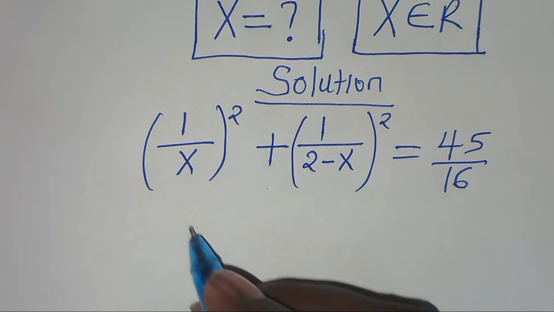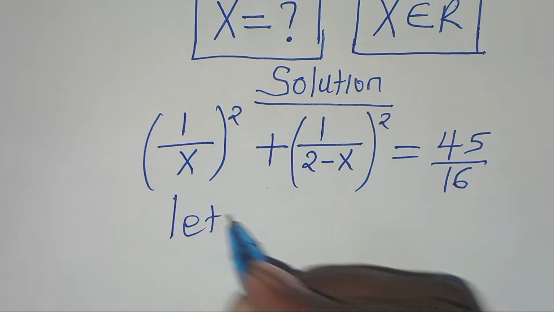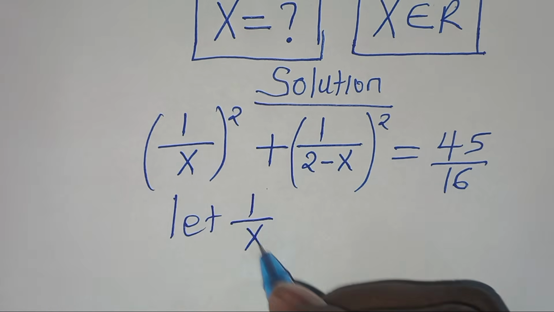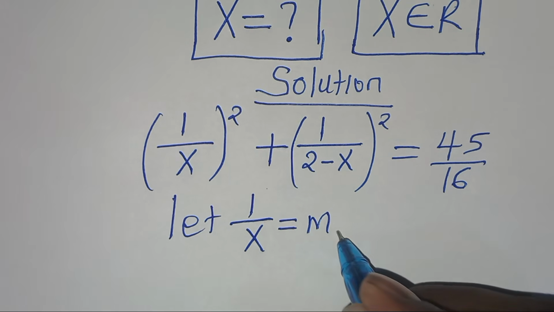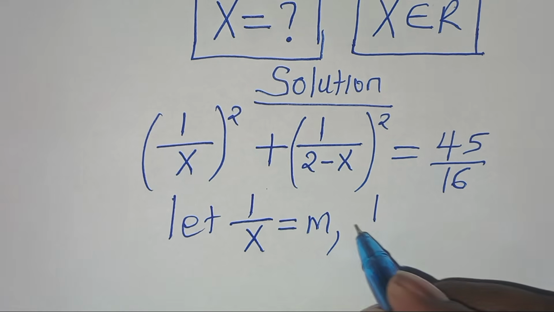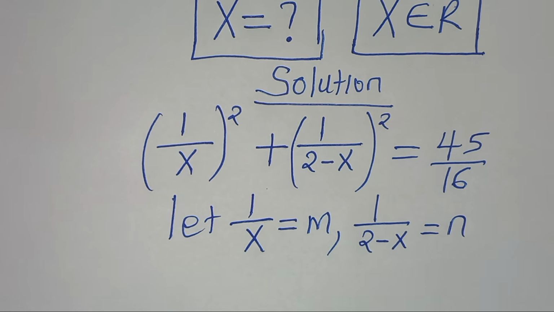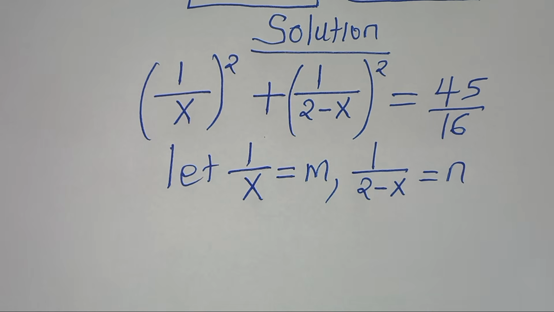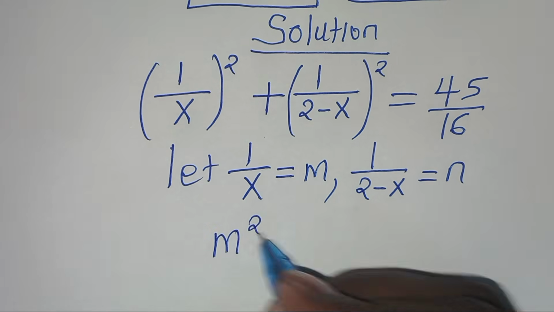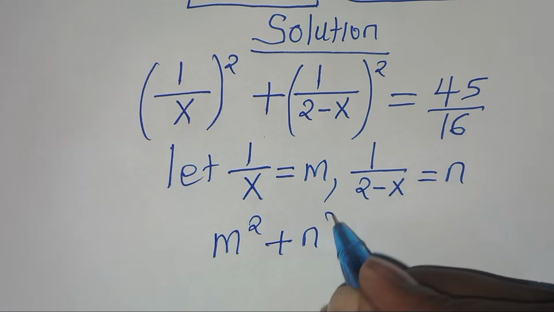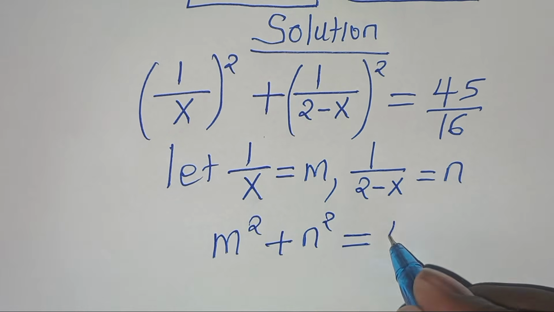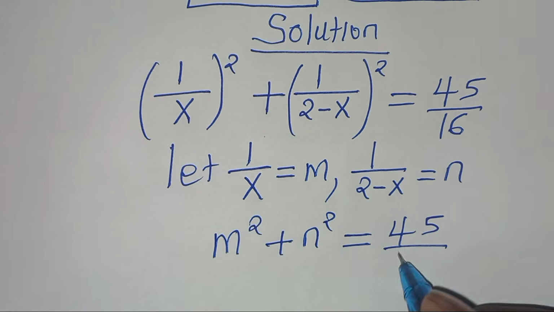The next step is that we can let 1 over x be equal to m, and we can let 1 over 2 minus x be equal to n. So let's express this equation in terms of m and n. We have m squared plus n squared equal to 45 over 16.